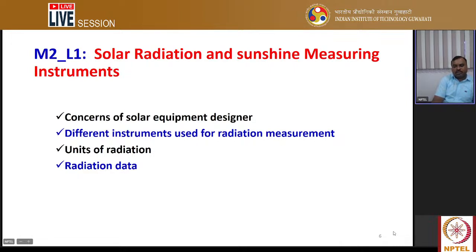For example, if we are trying to measure global radiation and maybe diffuse radiation, then we need an instrument called a pyranometer.